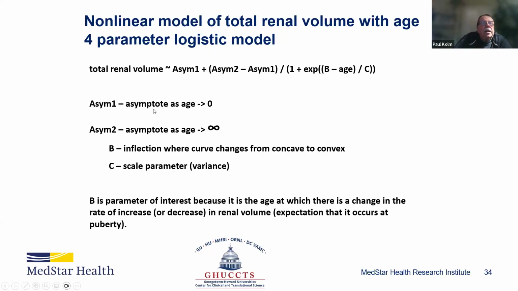Asymptote 1 is the asymptote as age tends to 0, and asymptote 2 is as age increases to infinity. The parameter we're really interested in is b, because in our model we're going to get a smooth curve, but this is the inflection where the curve changes from concave to convex. C is just a scale parameter indicating the variance in the model. The reason that b is a parameter of interest is that it's the age at which there is a change in the rate of increase or decrease in renal volume, and the expectation is that this would occur at puberty.